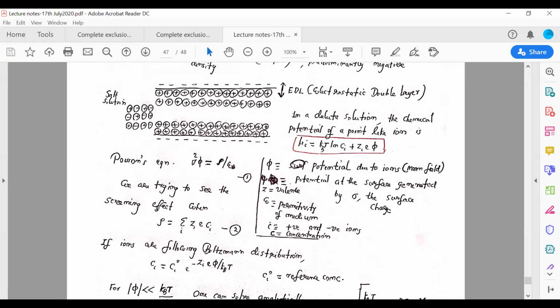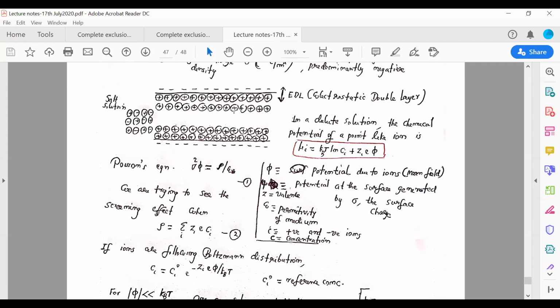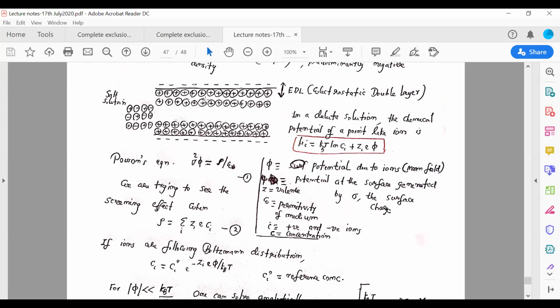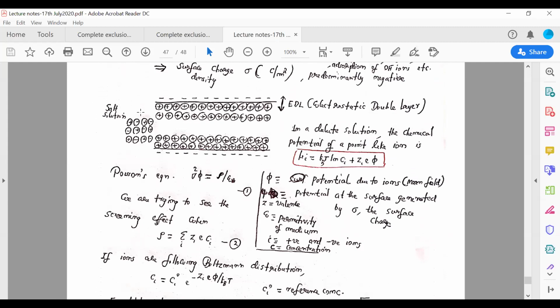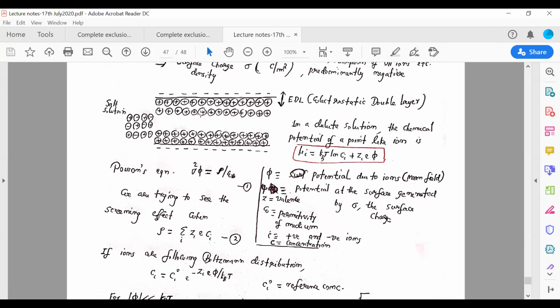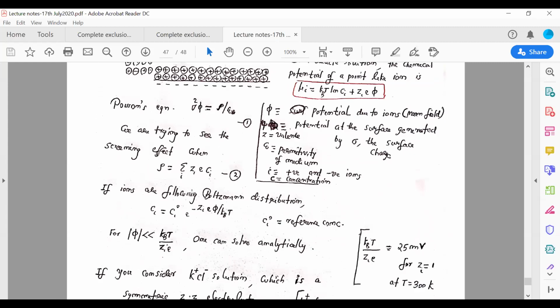So this is the potential of the surface charge, the potential generated by the charges. Sometimes we call it a zeta potential, if some of you know the name. Surface charge generates some voltage.